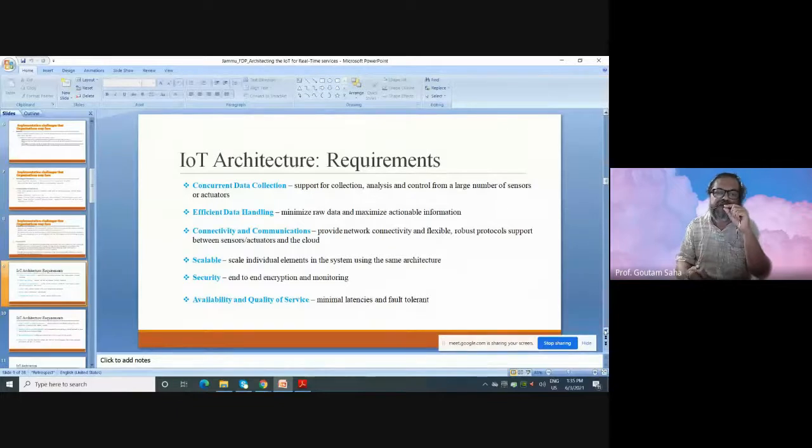Number two is efficient data handling. Data has to be stored, and you have to use software which will give you real-time information extraction. Real-time information extraction is an AI tool. Okay, AI instrumentation. I think here you have to use categorization, and then you have to use deep learning.